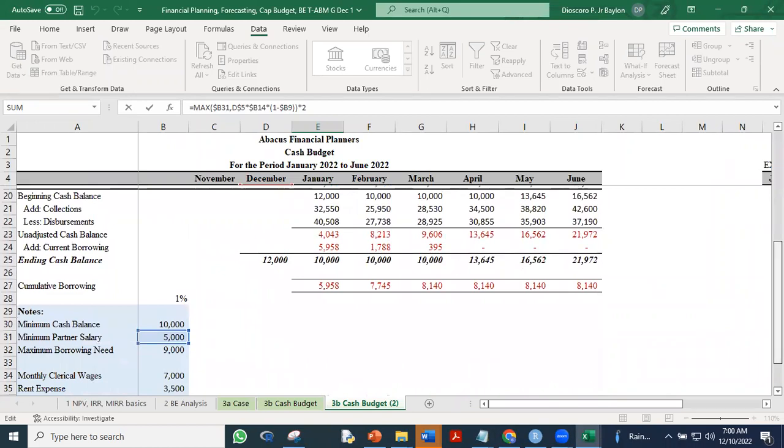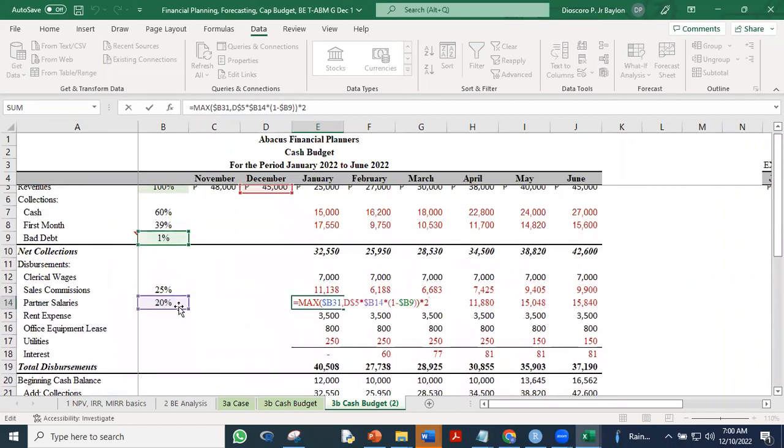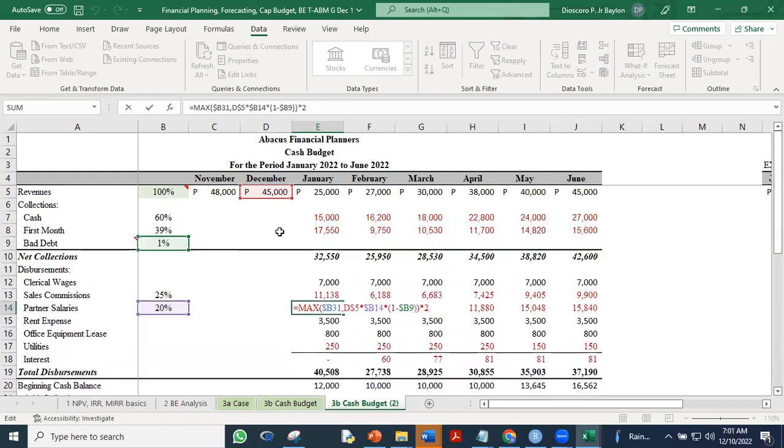5,000 or 20% of the collectible sales based on the previous month. And then there's a times 2 here because they are two partners. So there's this option, either 5,000, this is 5,000.